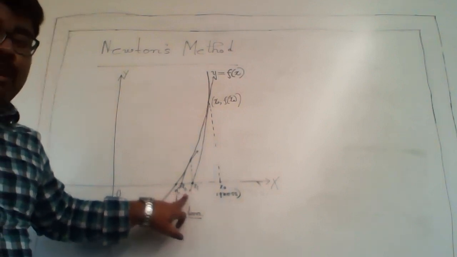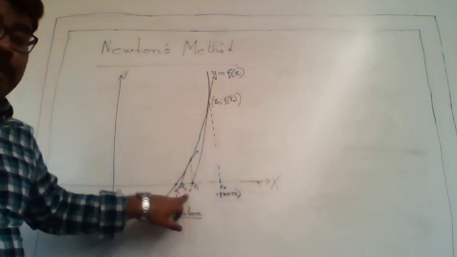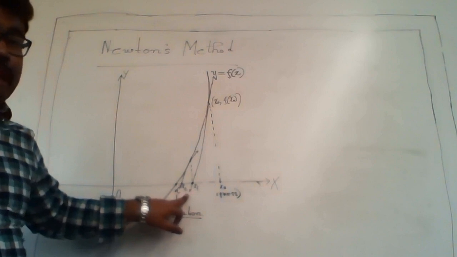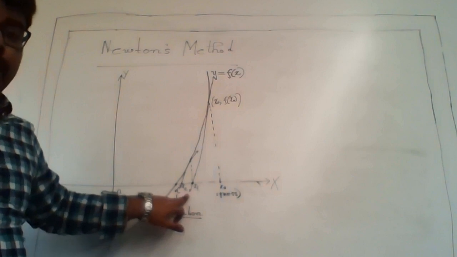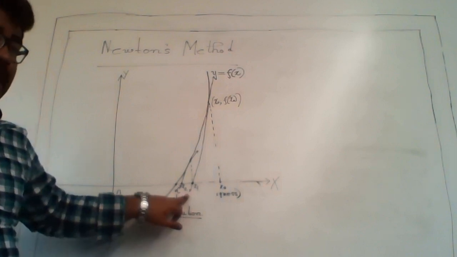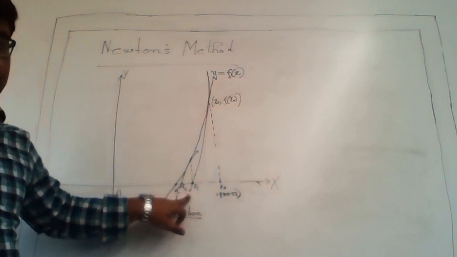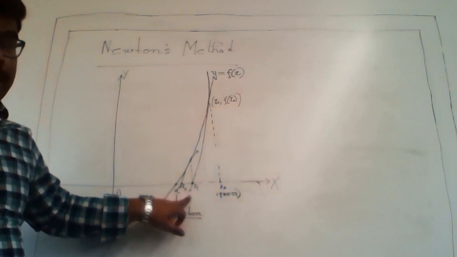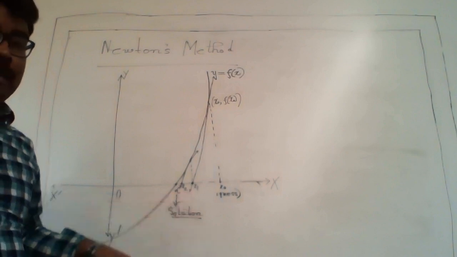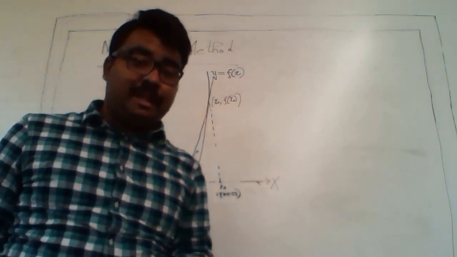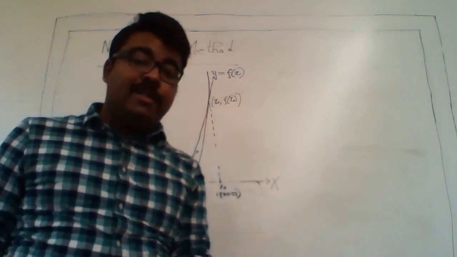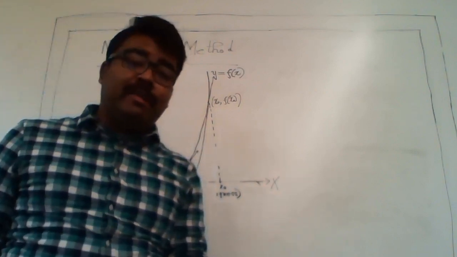Suppose scientists working in a laboratory dealing with experiments which require very minute computations, or an astronaut or a rocket scientist who wants very high precision. For their calculations, if there is an equation they want to solve, they want the solution to be very precise.